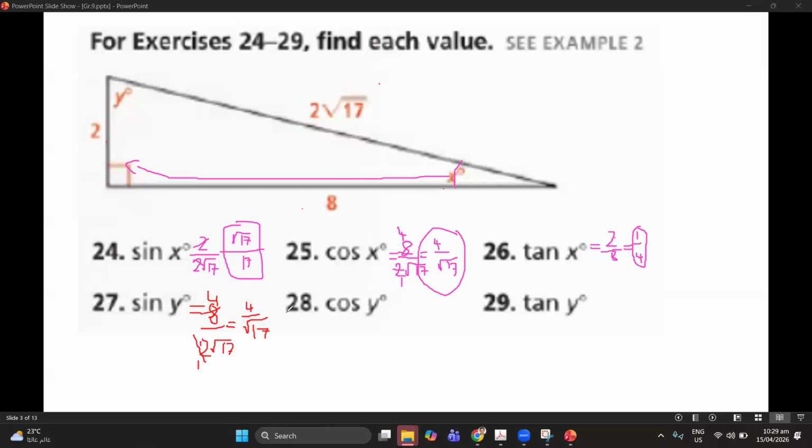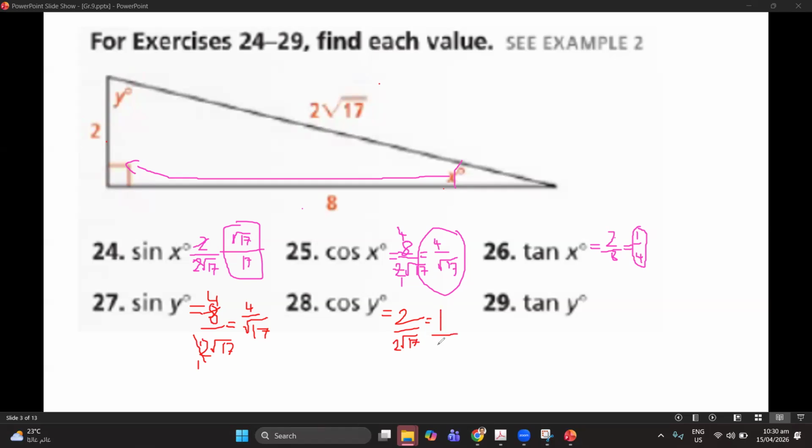Right. Now, cosine y. For cosine, adjacent over hypotenuse. So it's going to be 2 over 2 square root of 17. Excellent. Is it 1 over square root of 17?